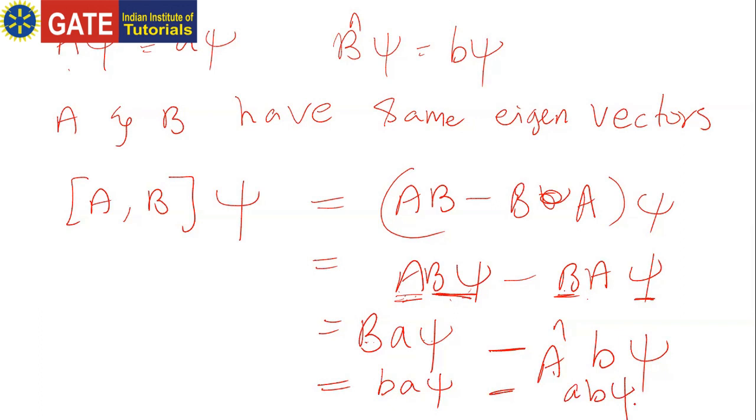No need to learn by heart. I am going to prove one definition. BA psi minus AB psi. Please note A and B have the same eigenvectors. That means the eigenvalues a and b are just numbers, so BA psi minus AB psi equals 0. So commutator [A, B] psi equals 0.